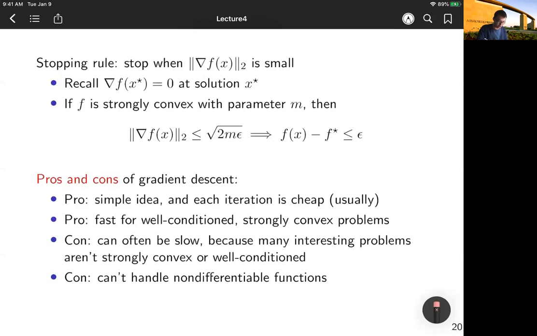The pros and cons of gradient descent: it's really simple. All you need is to be able to evaluate the gradient, then you can run each iteration by just moving in the gradient direction, and the complexity is simply proportional to the dimensionality of your argument x. When the problem is strongly convex and well conditioned, it's actually very fast.